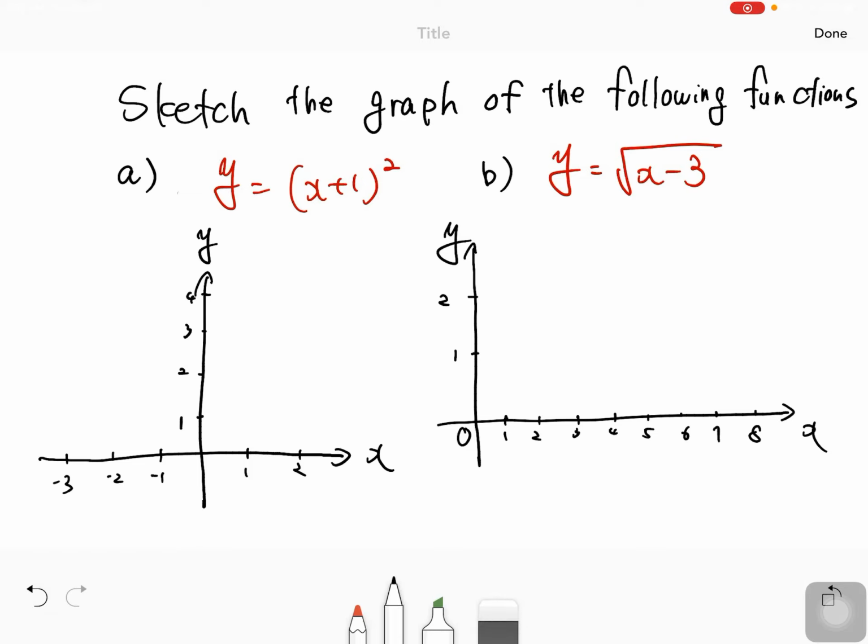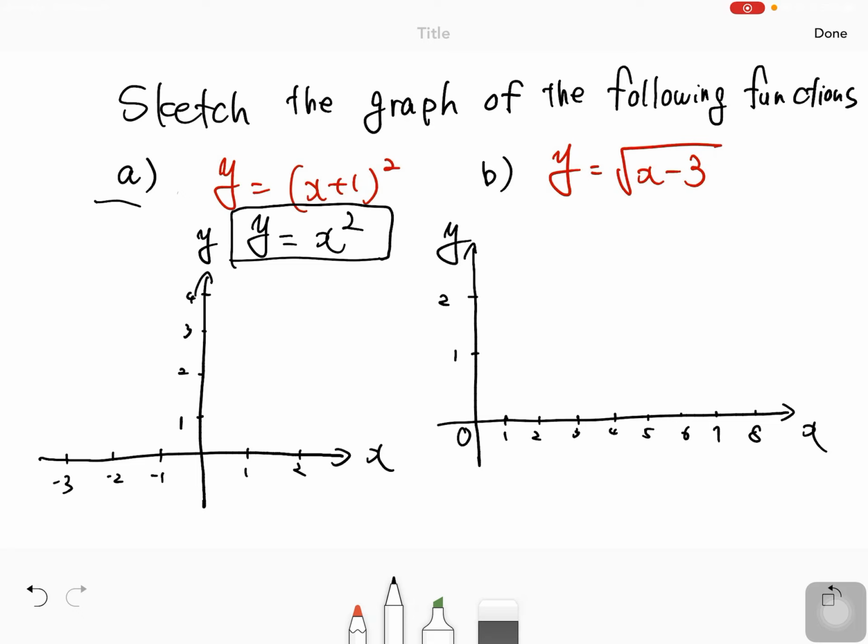So let's get started. With number A, y equals (x plus 1) squared, it looks a bit complicated to draw the graph. So what I would do is to find the graph of y equals x squared first. It's gonna be the base of the graph of (x plus 1) squared. And this is a pretty basic graph, so if you are not sure about how to sketch it, I want you to remember this time.